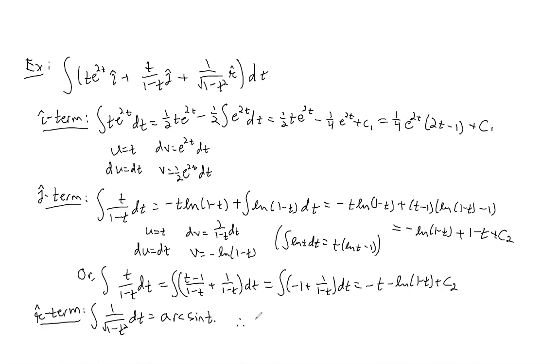So the whole thing becomes, at the end of the day, after having done all of this, let me write it the other way: 1/4 e to the 2t times (2t minus 1) plus c1, comma, negative t minus ln(1 minus t) plus c2, and arcsine t plus c3. And that's our final answer.